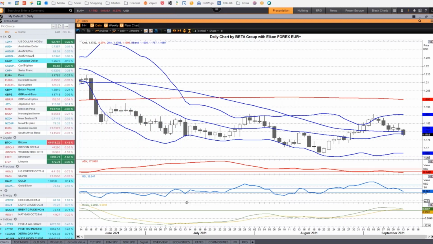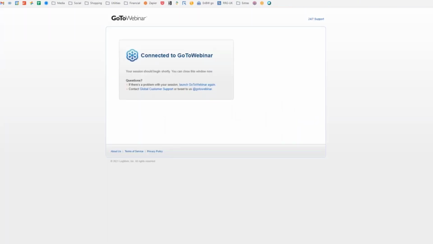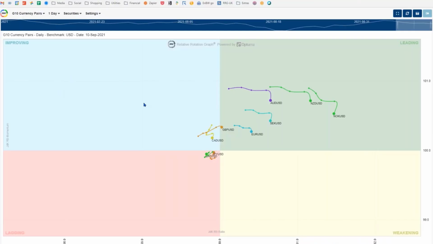Okay, morning Dan, morning everybody. Let me just start with looking at the relative rotation graph here of the currencies. You can see here that most of the G10 currencies are over on the right-hand side.